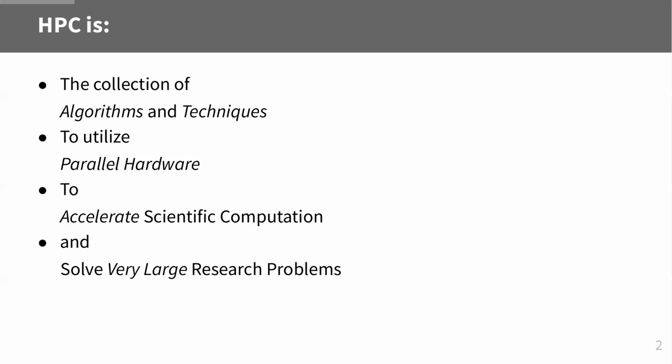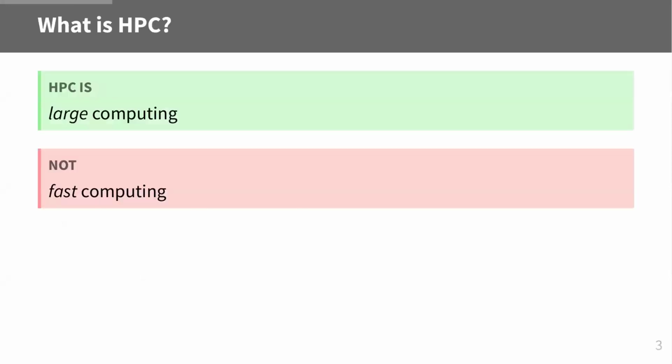So you need to have a parallel computer in order to implement high performance computing. And your goal is to solve a very large research problem by accelerating the computation of that problem. So the key thing to keep in mind is that high performance computing is large computing, not really fast computing. The idea is to do big science first.